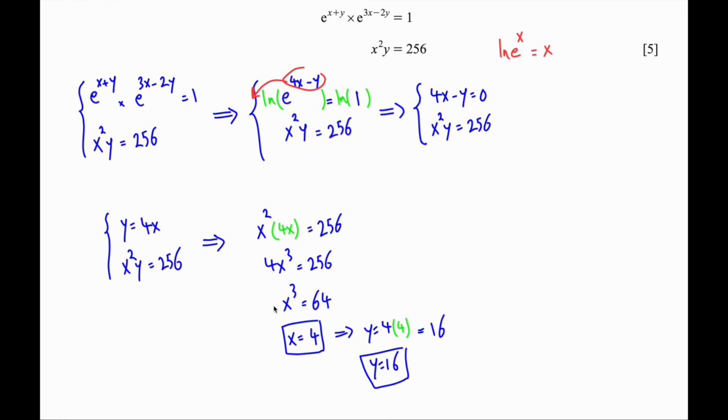Now I just have to take the cube root from both sides, which results in 4. So if x is 4, all I have to do is go back to this equation, which is the simplest one to work with. You could also substitute here, but that's not really a good idea. So choose the simplest one. x is 4. 4 times 4 is 16, and that is the value of y.